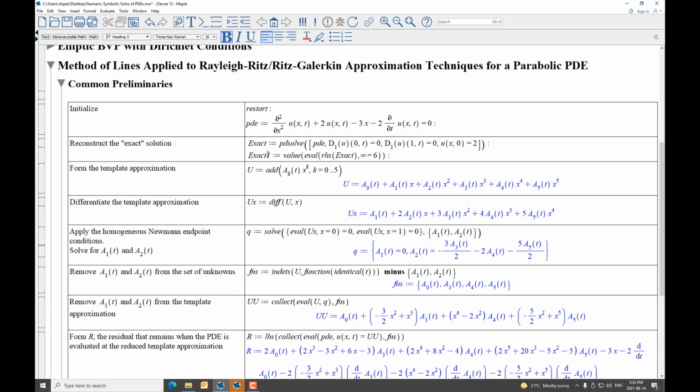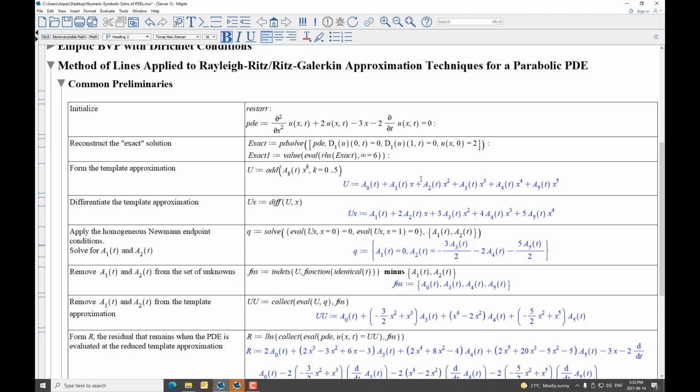Differential equation, reconstruct the exact solution that we got earlier. Template solution. Now the template solution is different. The coefficients of these basis functions, the basis functions are just powers of x. This is x to the 0, x squared, etc. Coefficients are functions of t. So this is the template.